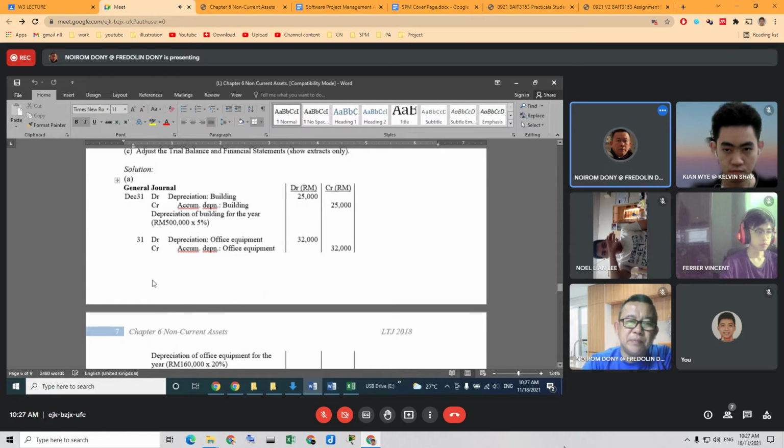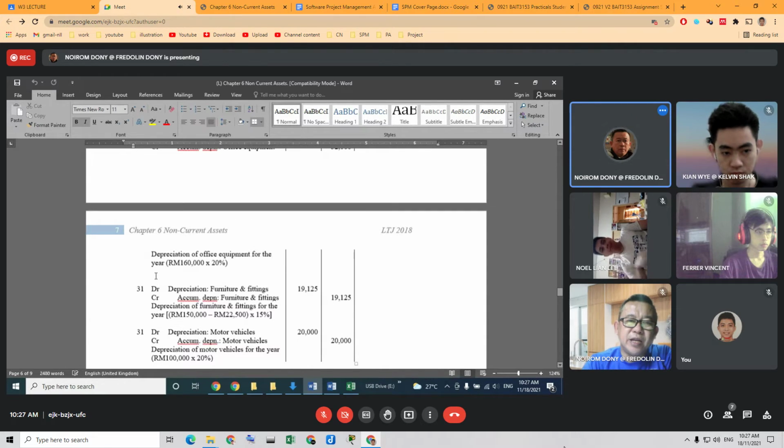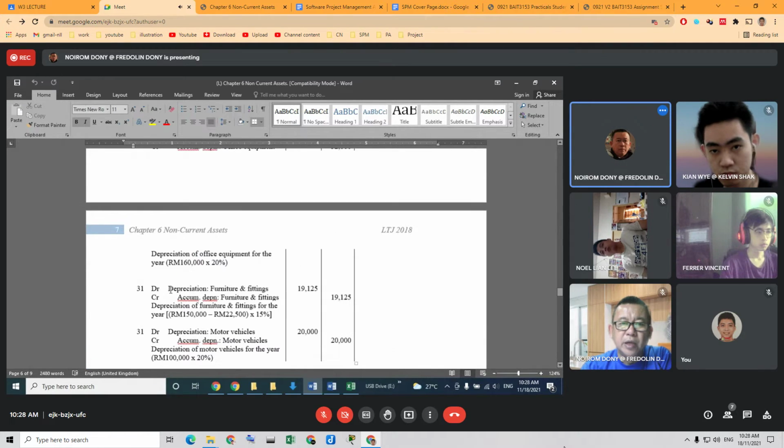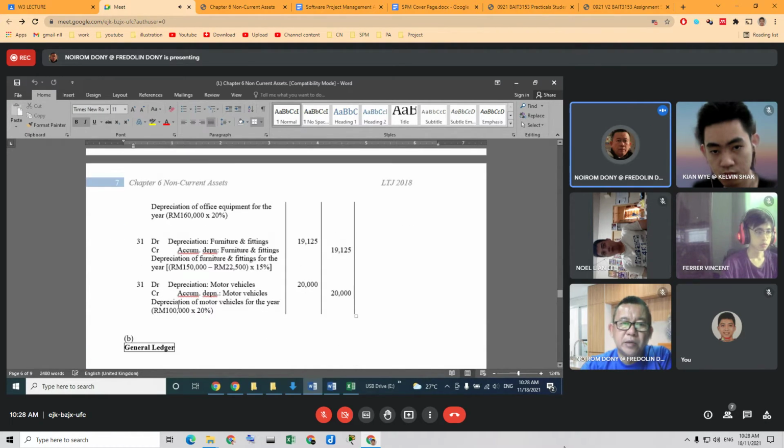As you know, depreciation is an expense, so it will be debited. If there is a debit, the corresponding entry must be credited. So where do we credit? Accumulated depreciation. So look at this, all is the same: depreciation, accumulated depreciation.